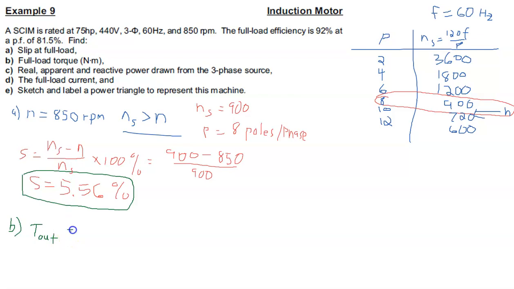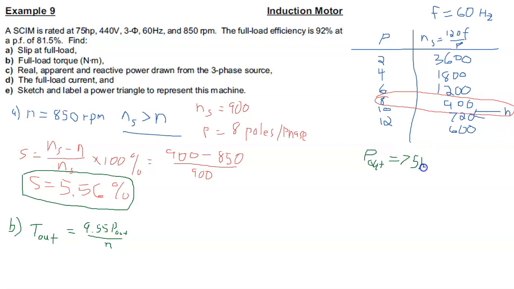So full load torque at the output is 9.55 times P out, divided by the running speed, which is N. Now we don't have a value in watts for P out yet, so I'll go over here and calculate P out. We could put our conversion directly into the torque formula, but I usually make that a separate calculation, and that's only my own personal preference.